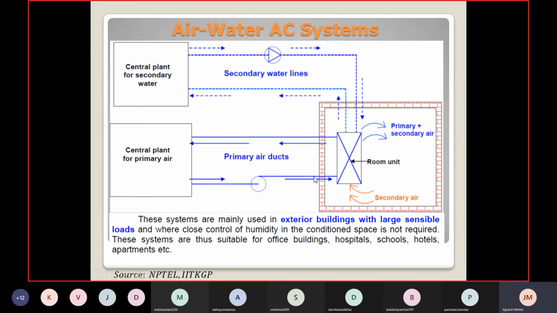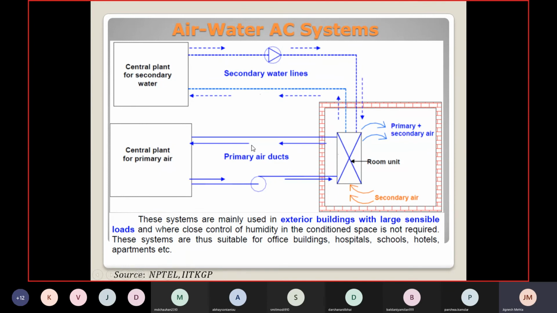As mentioned in the previous slide, you may use this water only for sensible cooling, but the dehumidification requirement may be met with this primary air, which is dehumidified here, and then you are supplying dehumidified air into the space.